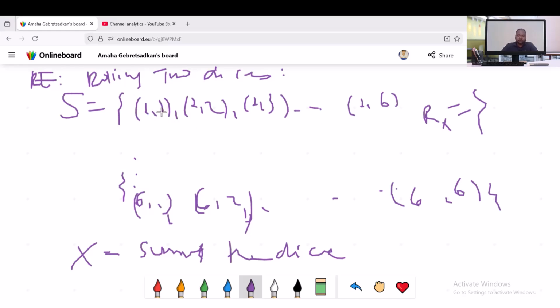For example, 1 plus 1 is 2. The lowest sum is 2, because this starts from (1,1), and (1,2) is 3, right? (1,3) is 4, and so on up to 12. The maximum is the sum of 6 plus 6, right?